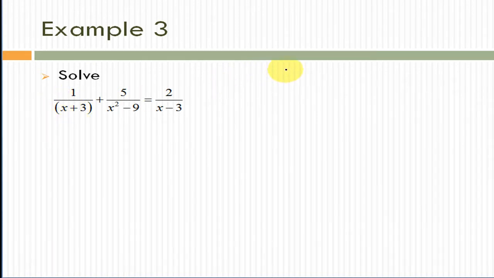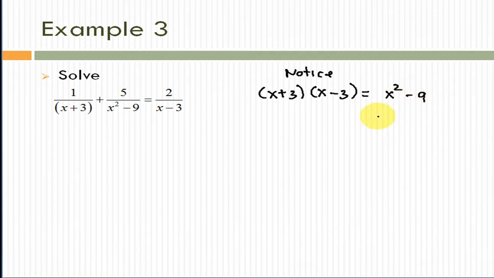Okay, so first notice that if we multiply x plus 3 with x minus 3, we will get x squared minus 9. In fact, that follows from the identity that we discussed before, applied to a equals x and b equals 3.